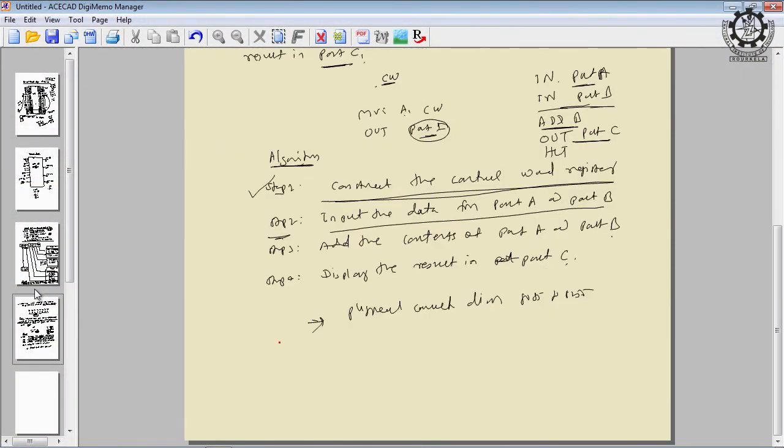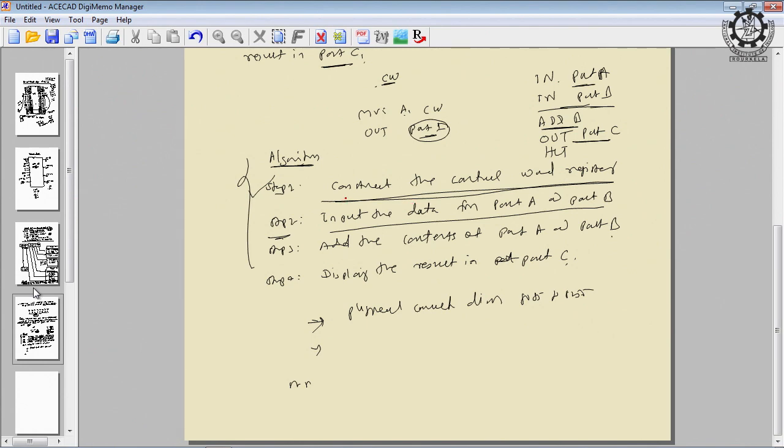That is step 1. Step 2, write the corresponding instructions for this algorithm. Is it okay? And step 3, give a brief description about the interfacing mechanism and the algorithm, or you can write comment statements in the program. Am I clear? So, first show the physical connection diagram between the 8085 microprocessor and 8255.